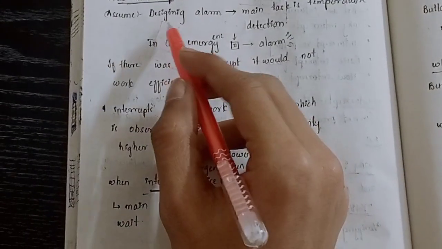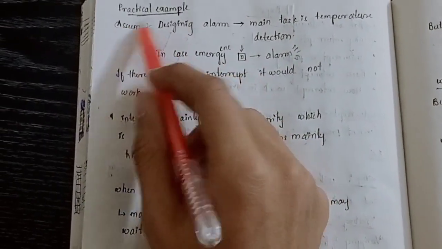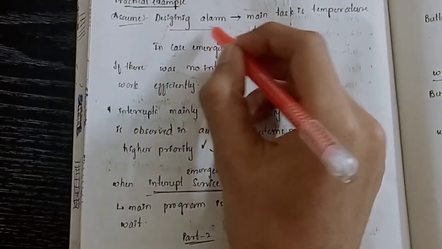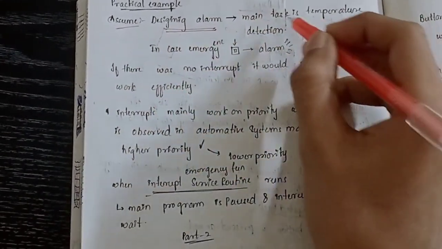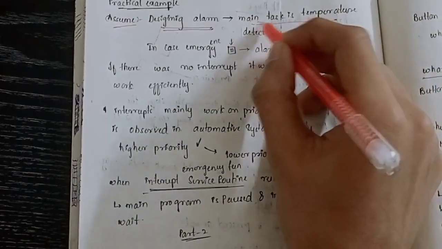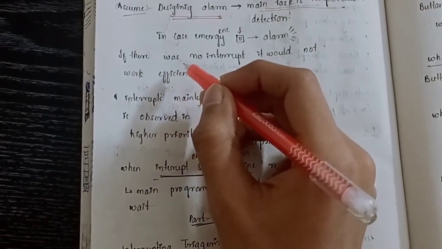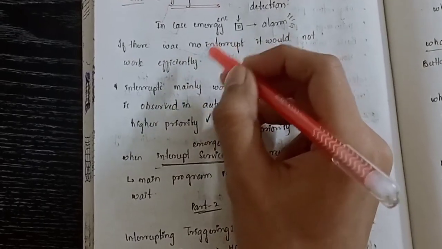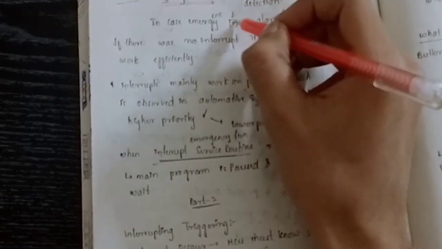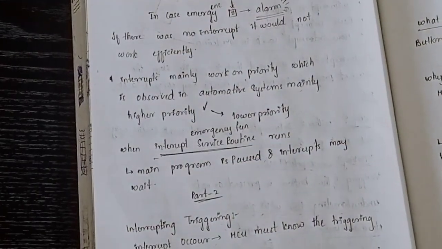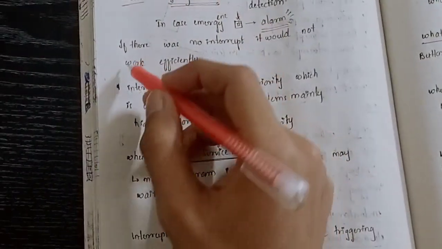Let's get into a practical example. Assume you are designing an alarm. The main task is detecting temperature. In case of an emergency, let's assume there was a fire accident, when someone presses the button, it needs to give a buzzer. That's an alarm.